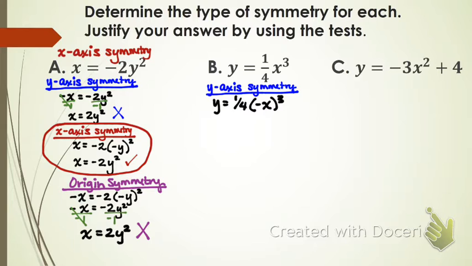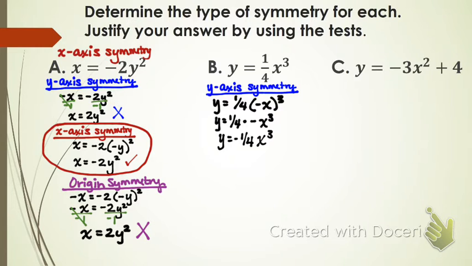If I take something that's negative and cube it, it's a negative result. So I would have y equals 1/4 times (-x) cubed, which would simplify to what? -1/4 x cubed, yes. y equals -1/4 x cubed.